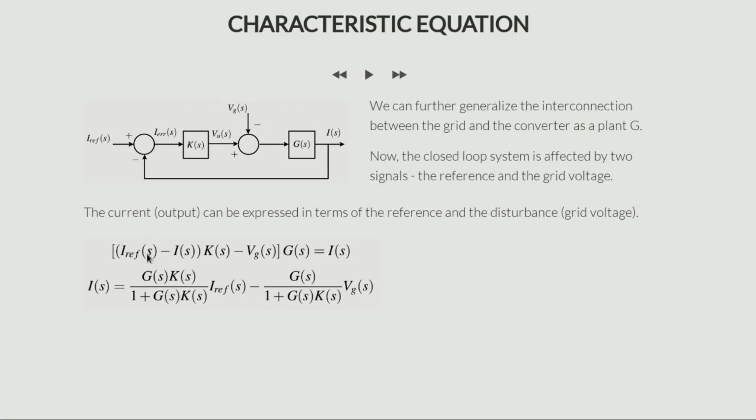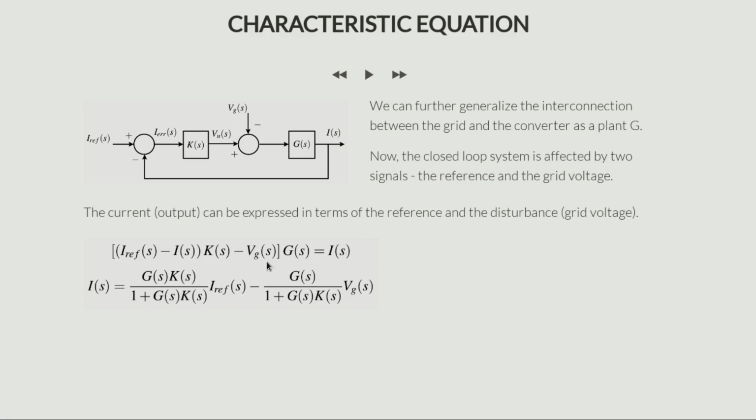I can calculate the error, that is Iref minus I, and feed it to the controller. The product of the controller and the error is the controllable voltage, which, subtracted with the grid voltage and multiplied by the plant transfer function, gives the output current. So we have a simple equation.